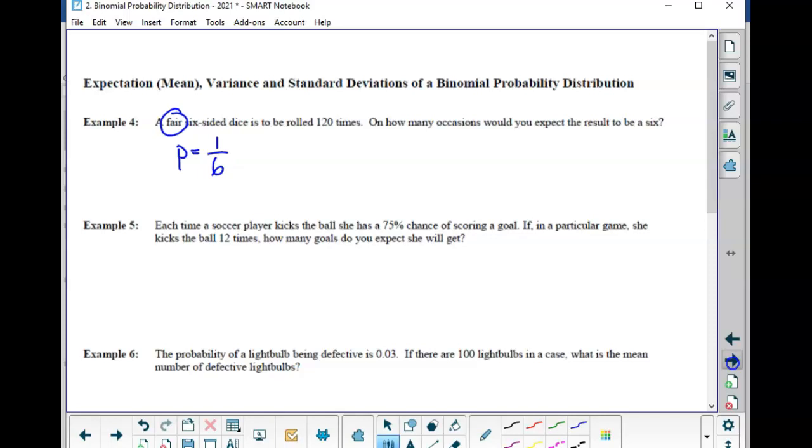So this would be the expected value of x equaling 6. And that would be 120 times 1/6, which would be 20 times. Basically, it's this theoretical, what would happen. It may not happen if you roll it 120 times, but it probably will be pretty close to it. The more rolls you get, on average it's going to be 20 times.